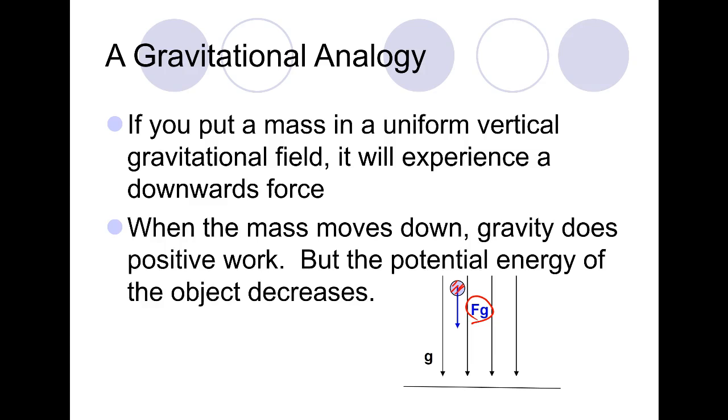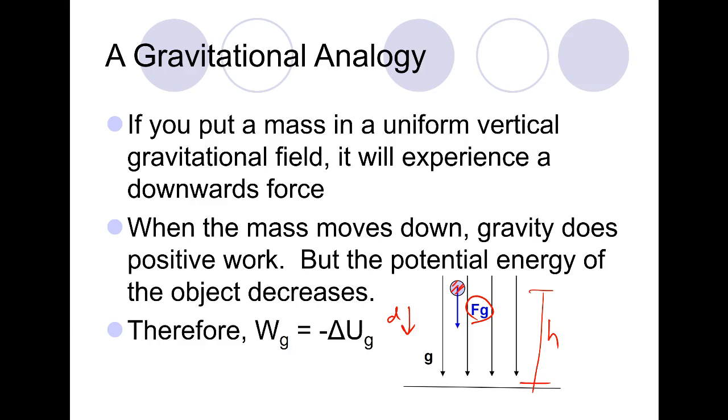When it moves down, gravity does positive work because the displacement is parallel to the force. However, the potential energy of the object decreases because its height h above the ground is decreasing. Therefore, the work done by gravity is the negative of the change of potential energy. Potential energy is decreasing, so it has a negative sign for the change, and the work is positive because d is parallel to Fg.